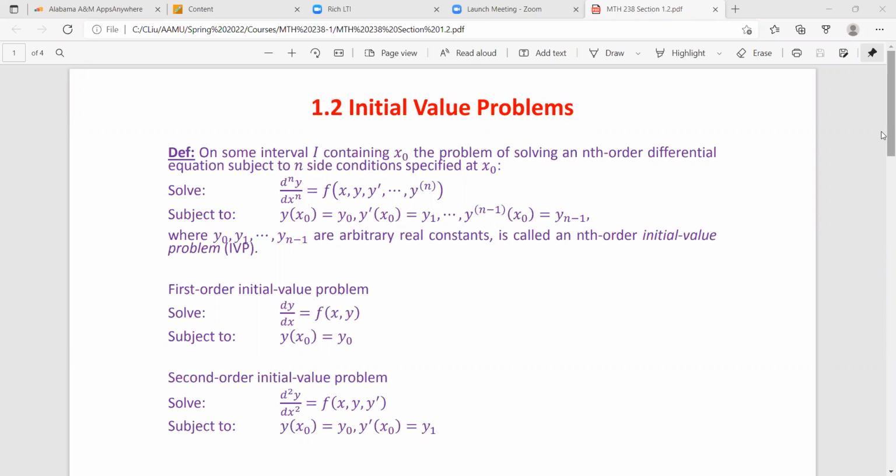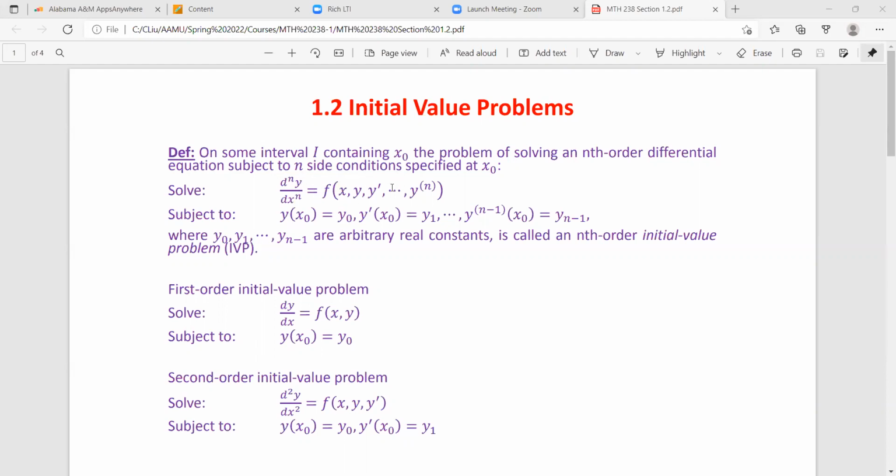We know that the order of a differential equation is the highest derivative in the equation. So you can rewrite the equation as the nth derivative of y with respect to x equals a function of all the variables x and y and the derivatives of y.